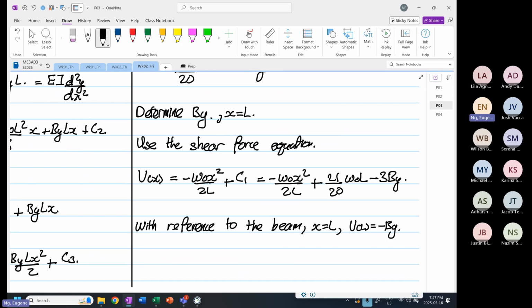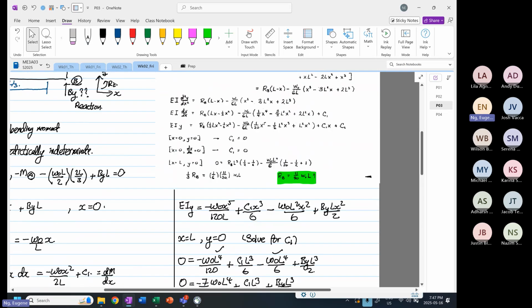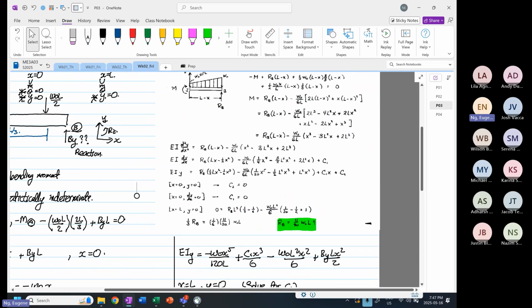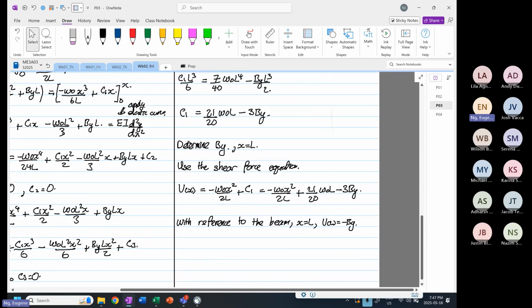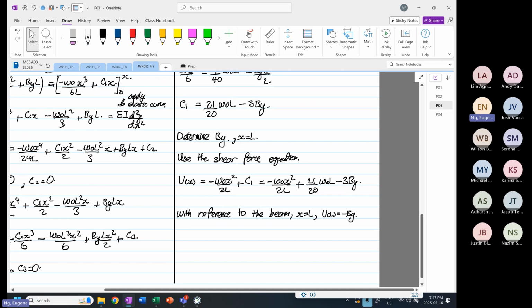Okay, it has to be minus because over here, this is the reaction. Reaction is going up. Okay, so this is a static analysis. Something must be pushing up for the reaction to go up. Okay. So from here, we substitute this into the above equation.